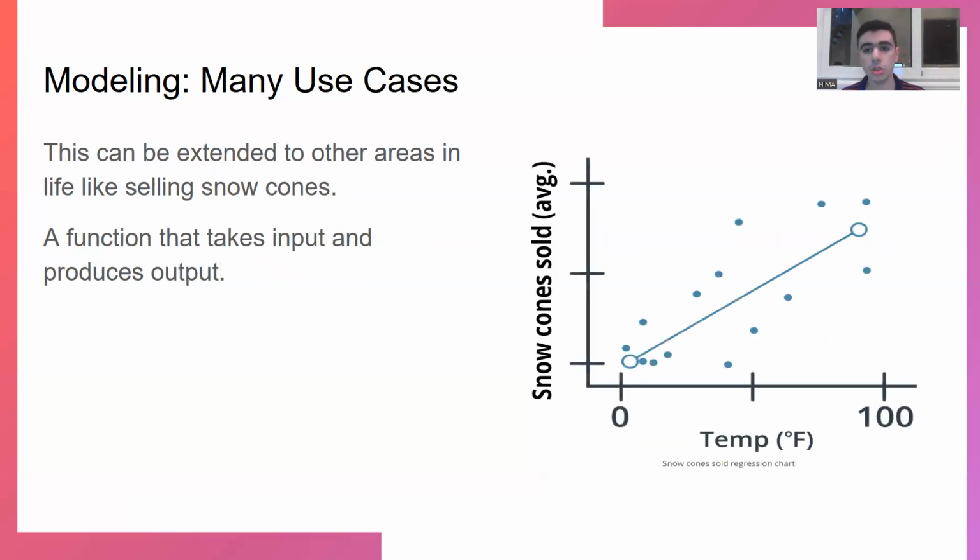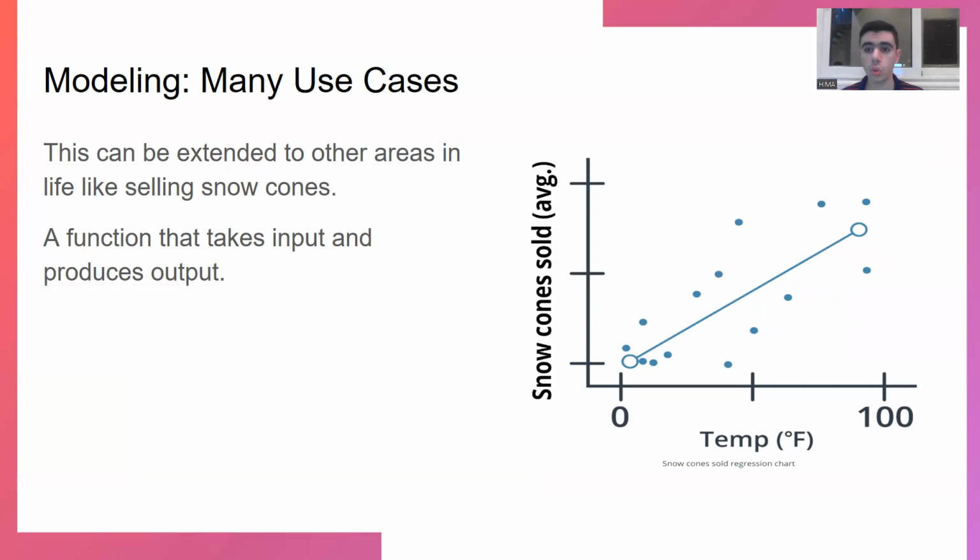Modeling can be used to model the phenomena of, let's say, my store, where I sell snow cones. And depending on the temperature, I want to understand how the temperature can affect my sales. So I collected the data and plotted it on a graph, and I tried to draw a line that best fits this data.